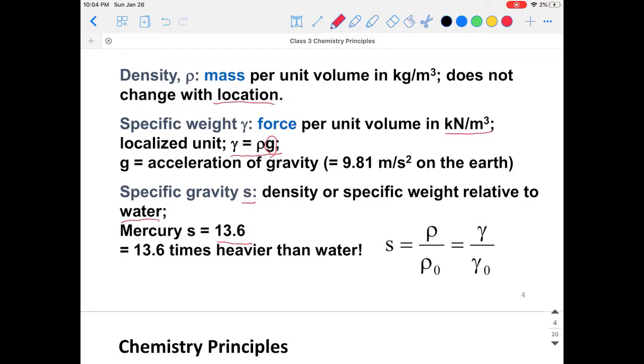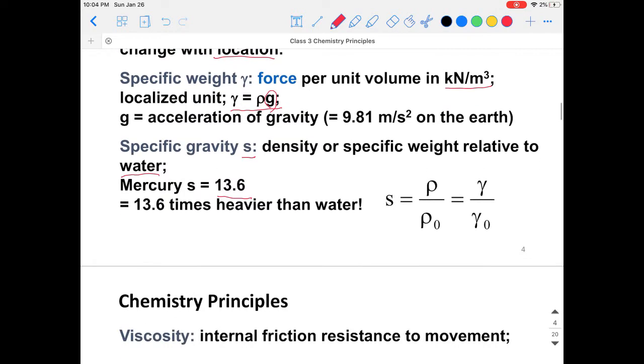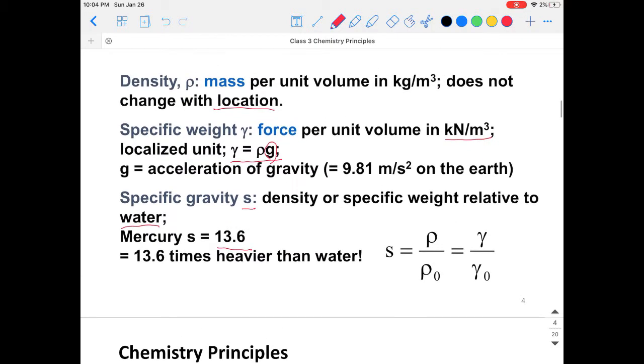So the specific gravity for mercury is going to be 13.6, which also means that it's 13.6 times heavier than water. Based on these definitions, specific gravity can also be represented by the ratio of the density of a certain species over the density of water, or the specific weight of a certain species over the specific weight of water.